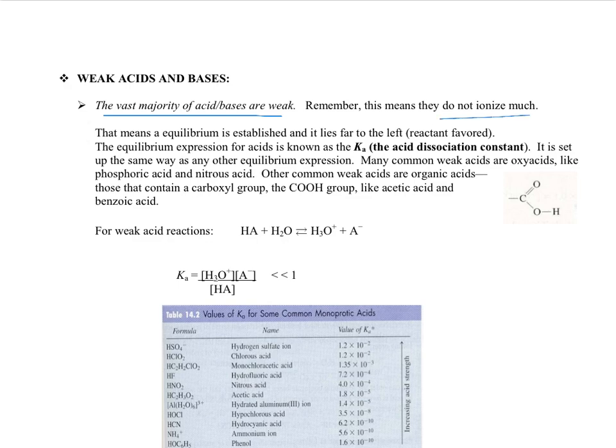So this means they're not going to ionize very much, so they're going to be very reactant favored. So we want to keep that in mind. They're also going to have K values that are less than 1, which means the equilibrium established is far to the left. The equilibrium expression for acids is known as a Ka, versus the bases are known as Kbs.